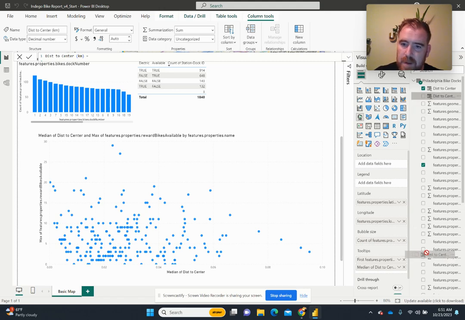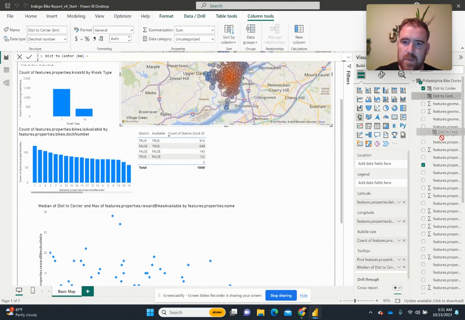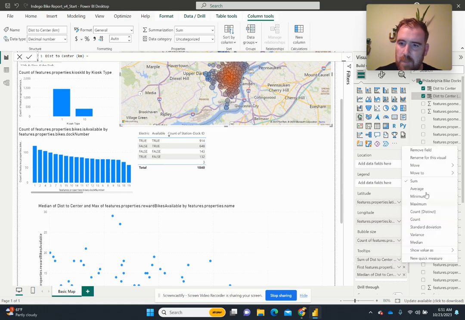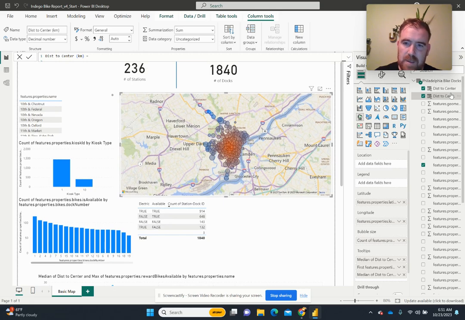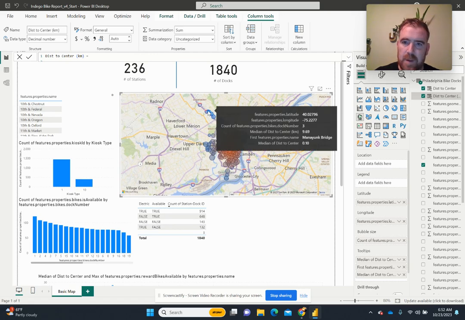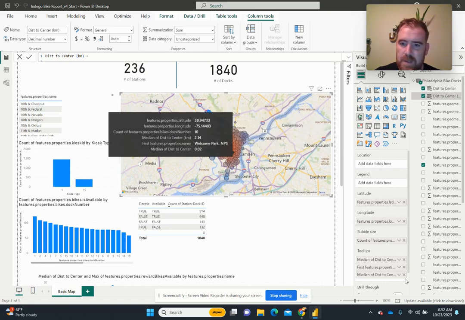So I'll actually just put this as a tooltip here. I don't want the sum, I want the median distance for each of these dots, because each of these stations has multiple dock points in our table. Let's come out to the median distance to center.